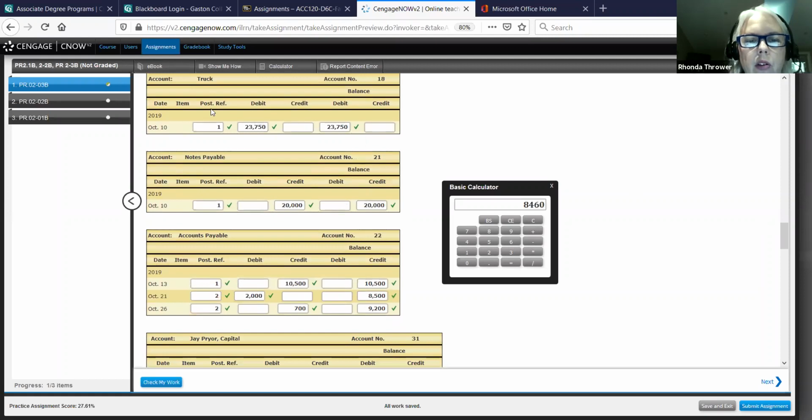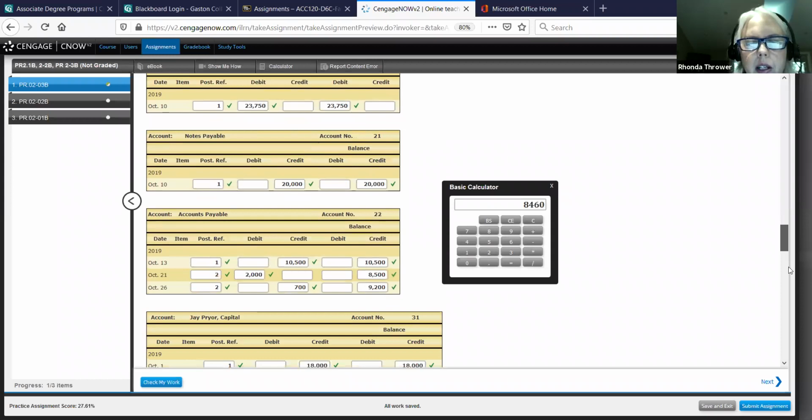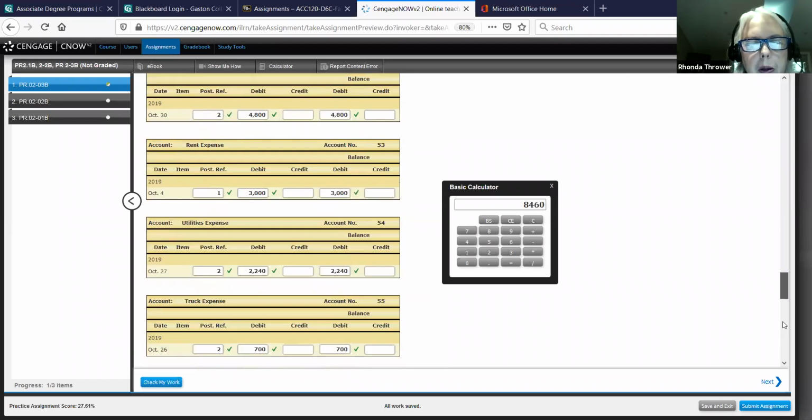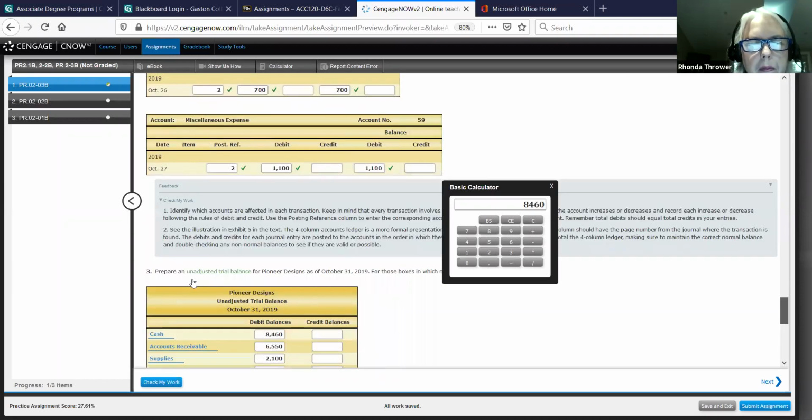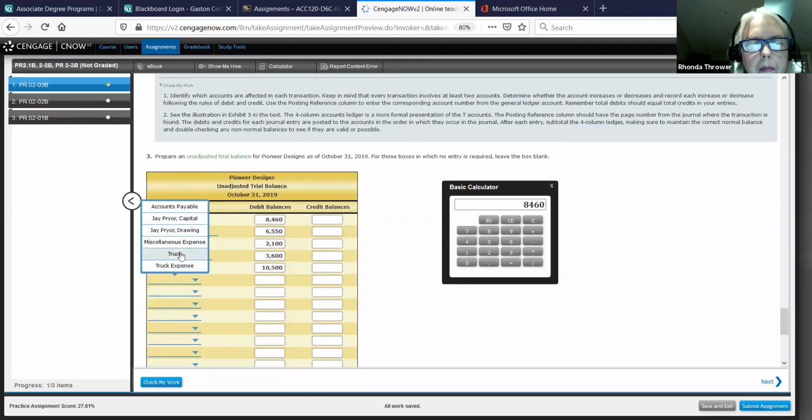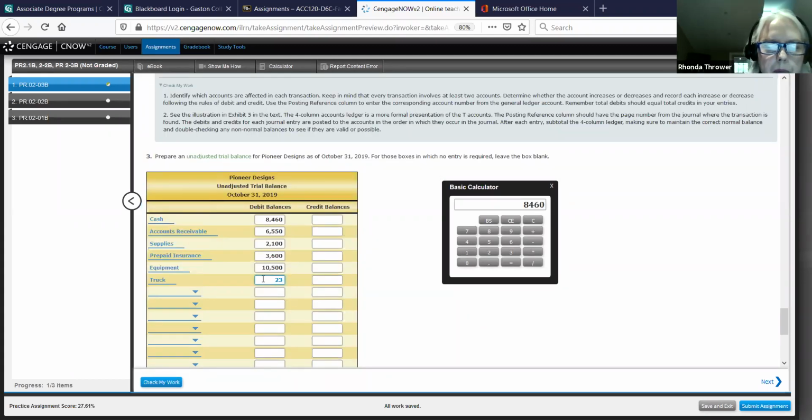Your next account is truck. It has a debit balance of $23,750. Truck is an asset account. It will have a debit balance.